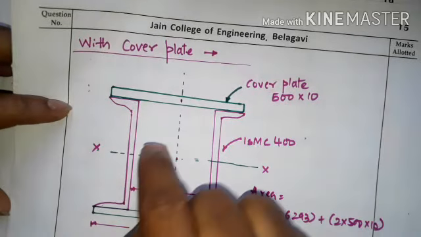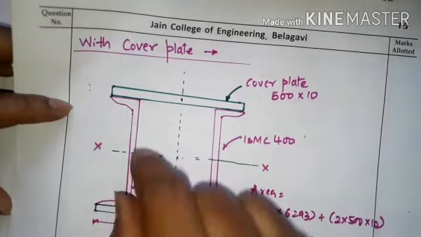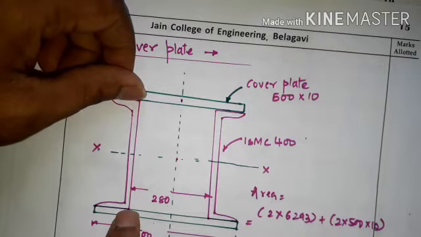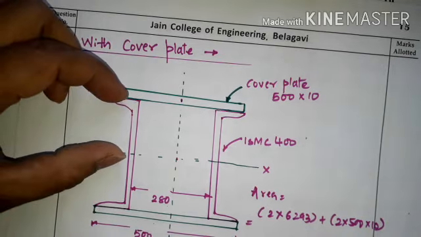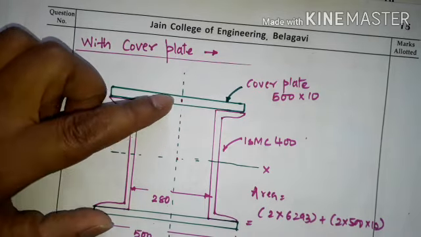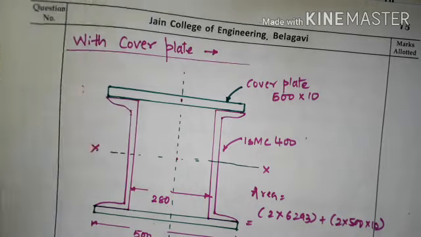The total from here to here is 500, so 500 divided by 2 is 250, and this plate is 10 mm, divided by 2, because we measure from center to center. So 250 plus 10 by 2, that is 255.